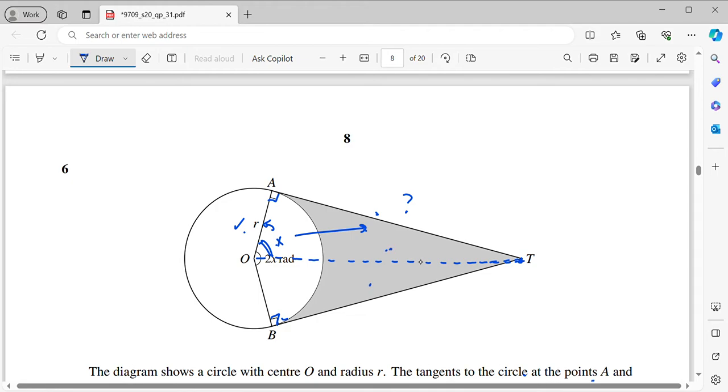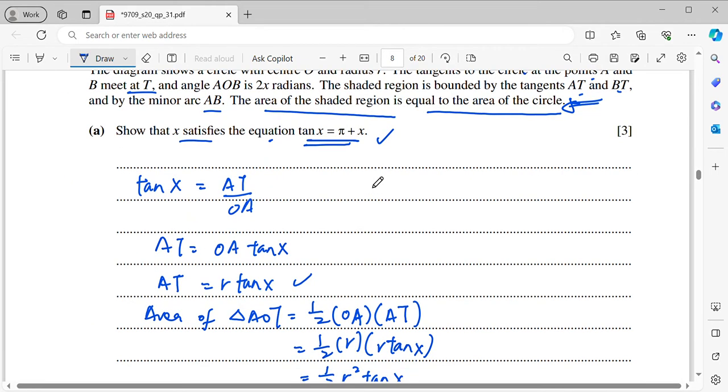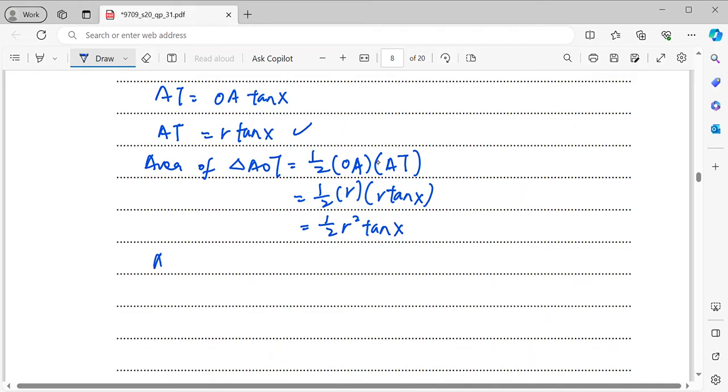AOBT is double of the triangle. So now from here, I will write area of AOBT is double of area of the triangle, which means this is going to be R squared tangent x.